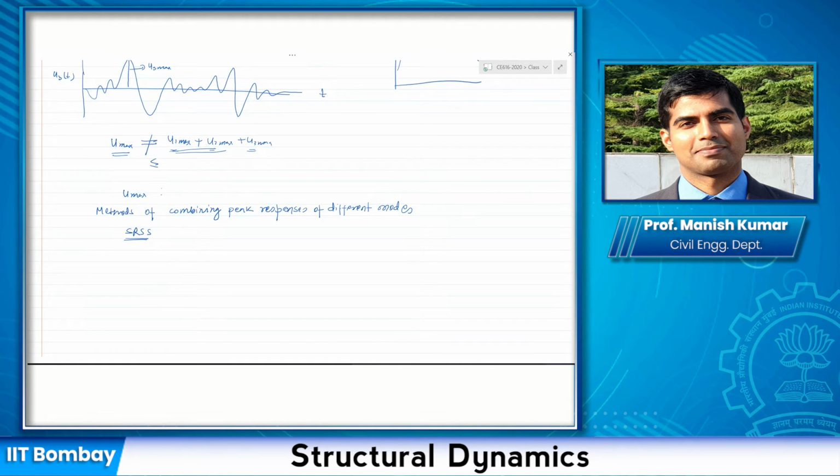In this method, if you have multiple responses, D1, D2, D3, and so on, the maximum response can be obtained as the square root of D1 square plus D2 square plus D3 square, and so on. Now note that it is not the algebraic sum, and it would always be less than the algebraic sum.